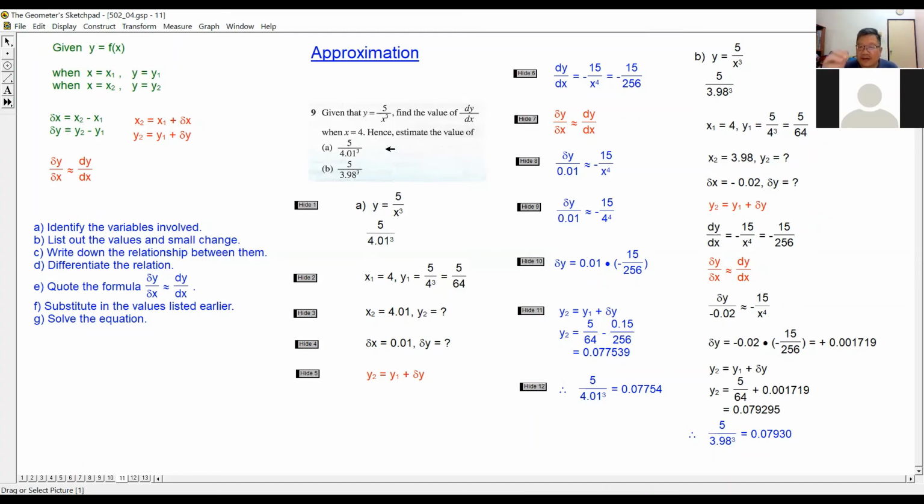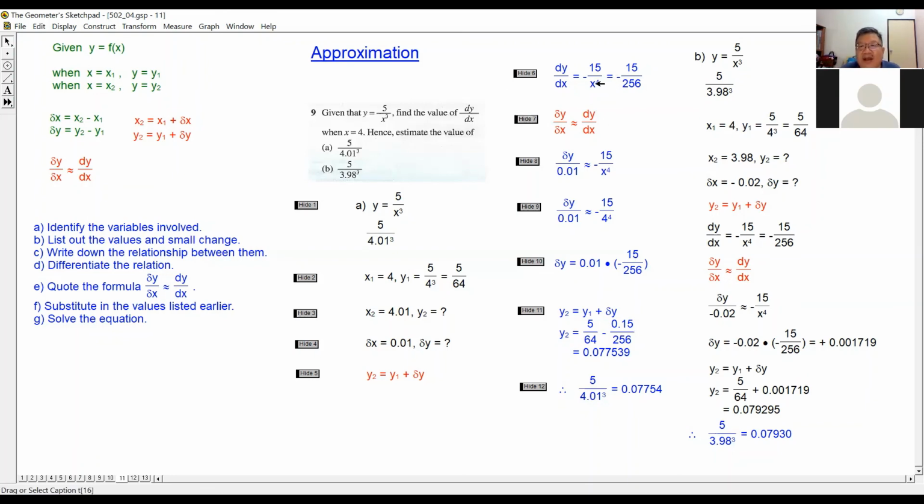Okay or not? First step, you find x1, you call it 4, the nearest number, 4. Second thing, for this value of x1, which is 4, you find the y1. Then after that you must find delta x. In order to find delta x, you have to find the dy/dx.